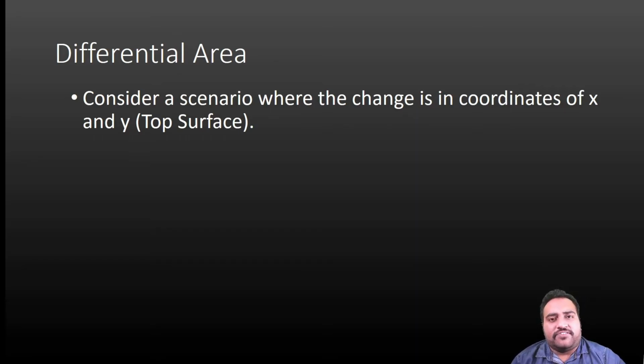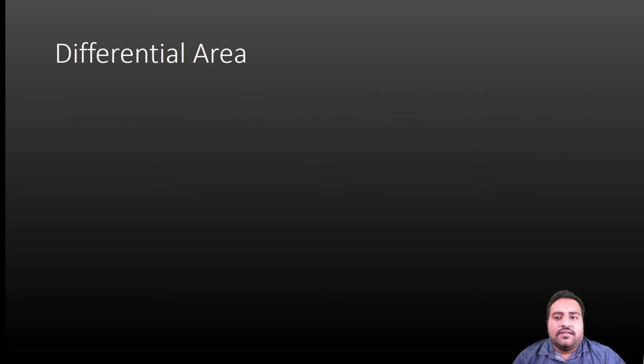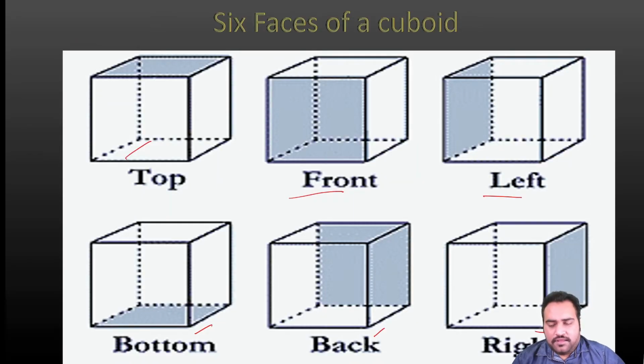Consider a top face, just a top face. Let me see this. This is ax cap. This is ay cap. The changes are in ax cap and ay cap only. az cap is constant, and if I start from here and go along the tangent to this, you can see that I am going here, here, here, here, here, and coming here.